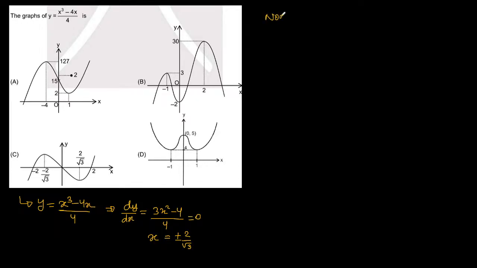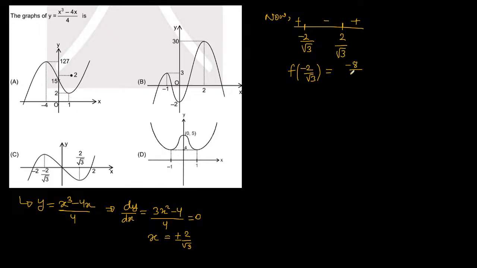Now plotting the number line: 2 by root 3, minus 2 by root 3. This is plus minus plus. Now what can happen if we find f(minus 2 by root 3)? This is going to give us some different value.